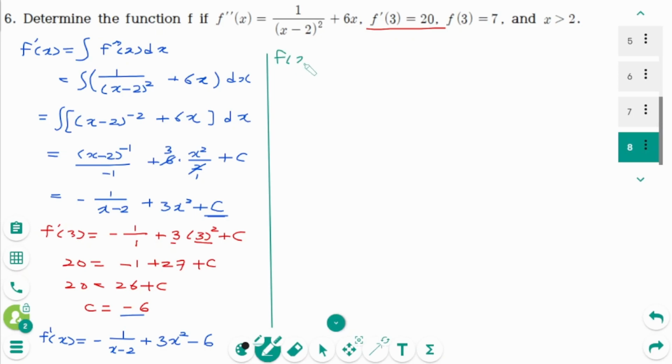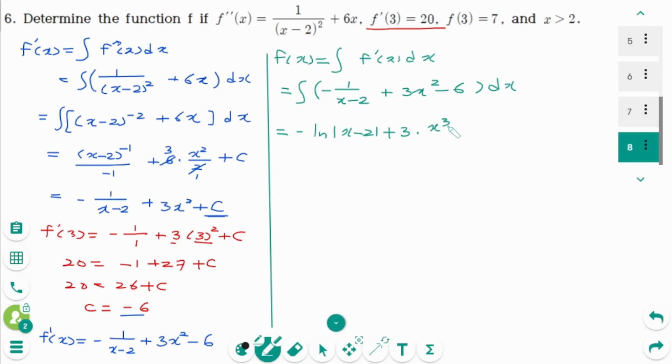Now f of x equals the integral of f prime of x dx, equals the integral of minus 1 over x minus 2 plus 3x squared minus 6 dx, equals minus ln the absolute value of x minus 2 plus 3 times x cubed over 3 minus 6x plus c1, equals minus ln absolute value of x minus 2 plus x cubed minus 6x plus c1, cancelling the 3.